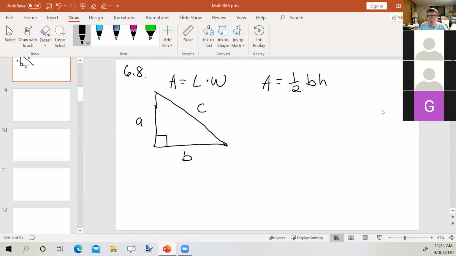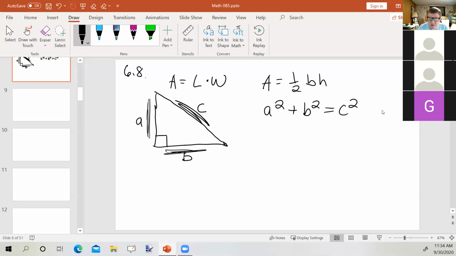For a right triangle, the following relationship is true. A squared plus B squared equals C squared. So the length of side A squared plus the length of side B squared equals the length of side C squared.